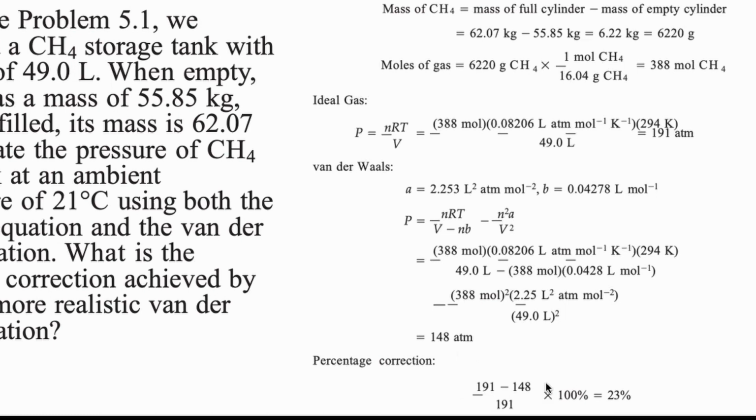So the percentage correction would be, from the ideal situation, 191 atmospheres, minus the actual situation, or the van der Waals equation, 148, divided by 191 times 100. The percentage correction would be 23%.